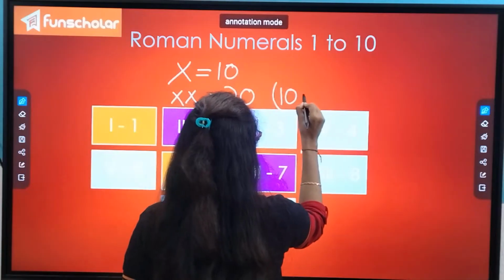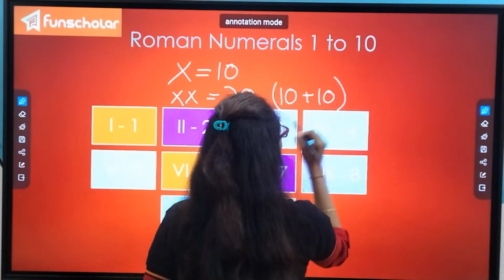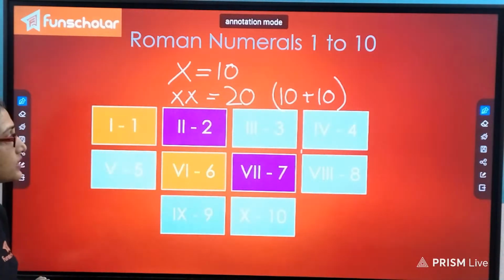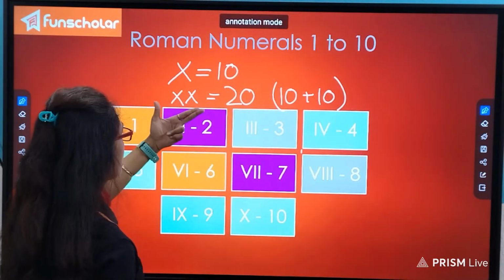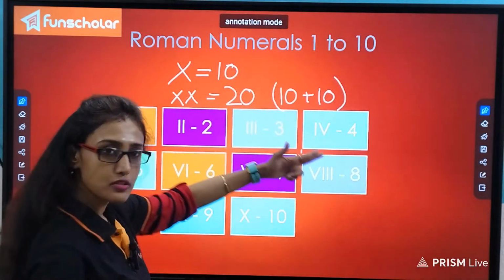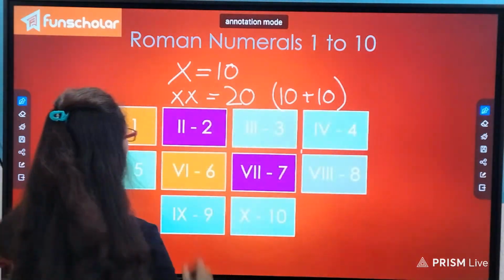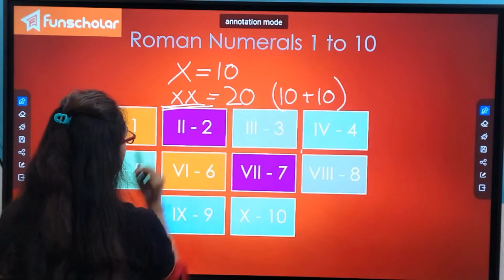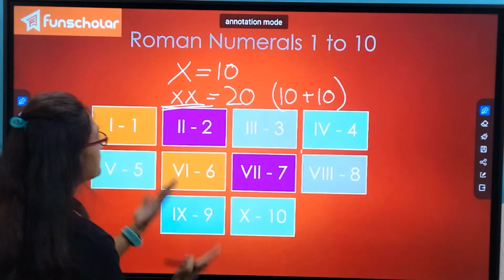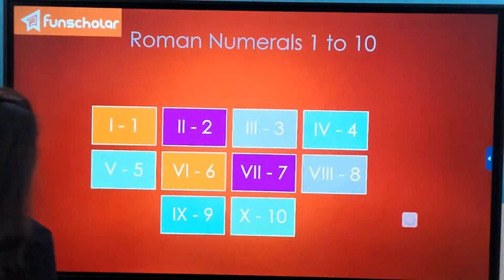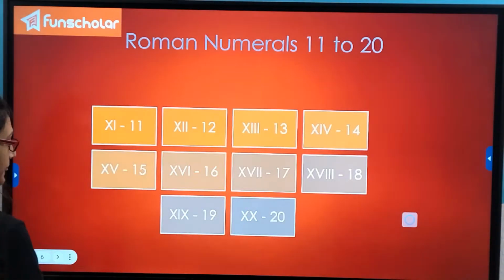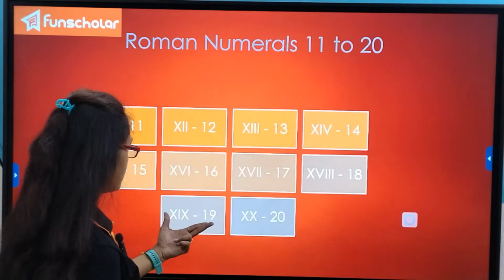Because 10 plus 10 equal to 20. Clear? You know this thing? So how will you write 19? Obviously, 20 minus 1 is 19. So, you know this is 20. And you will put the smaller number on the left side. Isn't it? So, how will 19 look like?